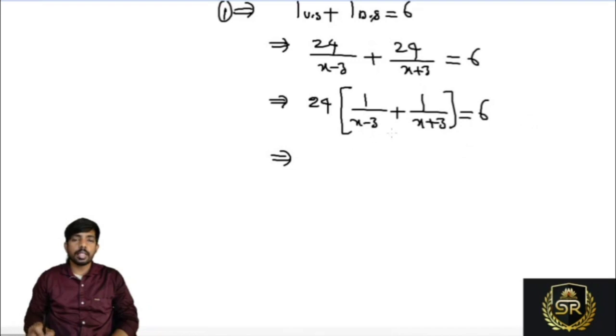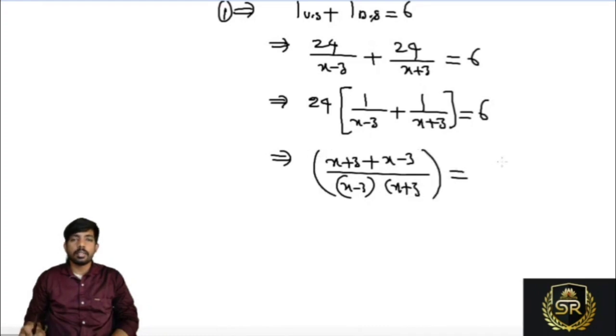If I send the 24 to the right-hand side, I get 6 by 24. Taking the LCM: x plus 3 plus x minus 3 by x minus 3 into x plus 3 equals 6 by 24.